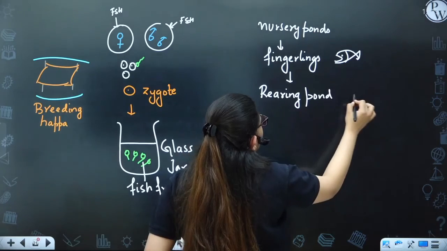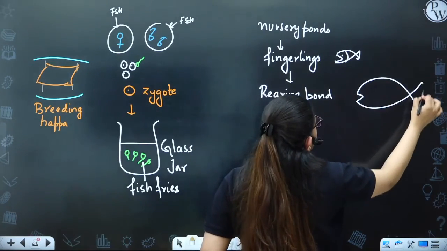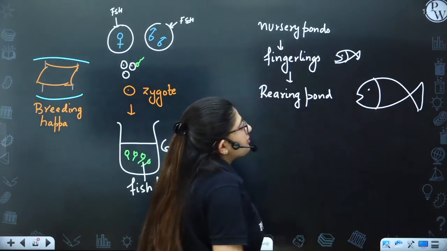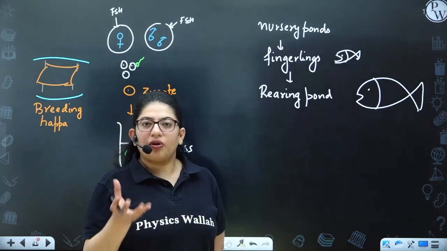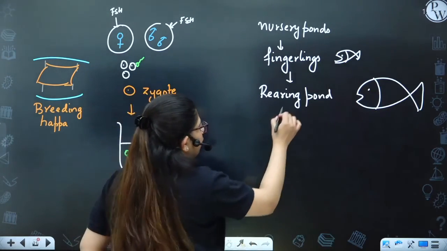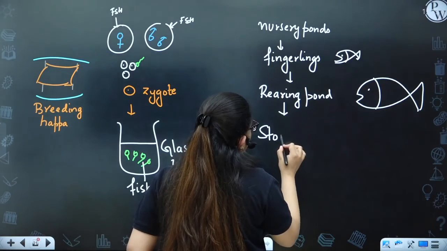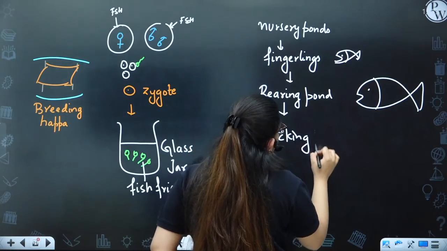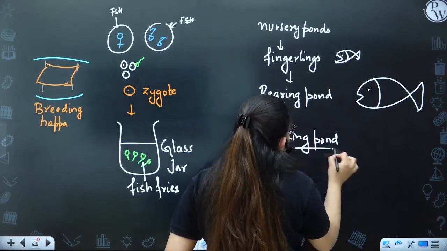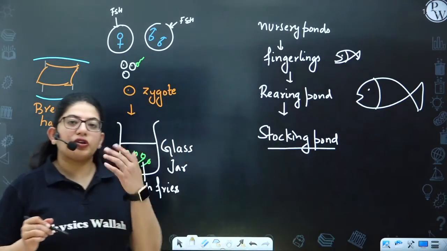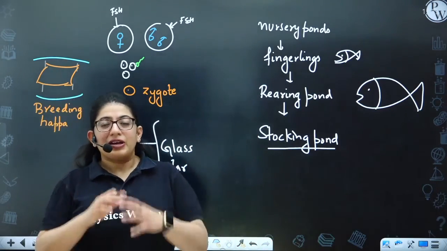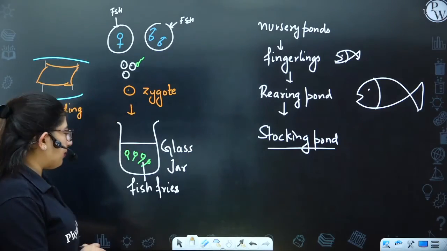In the rearing pond, they are going to double their size and become adult fish. Then you will send them into the stocking pond, and in the stocking pond you collect the fishes and market them in the market. Okay, so that's about aquaculture and apiculture.